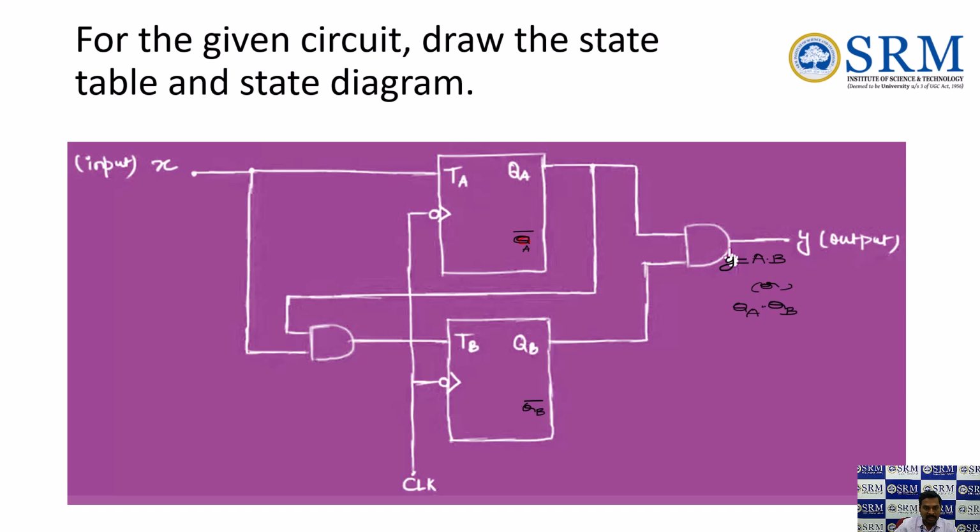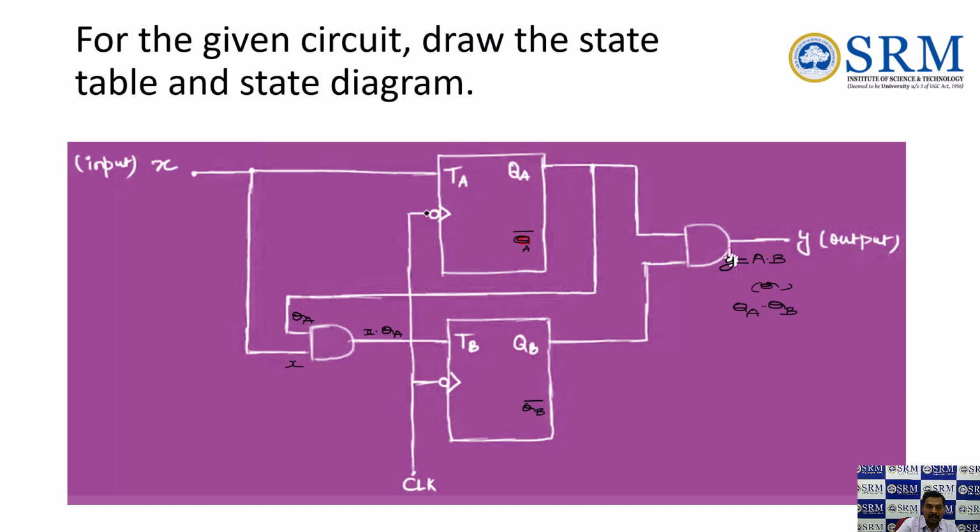One AND gate is connected. One input to the AND gate is A, that is QA. The other input is directly X. So for TB, you can write X into QA. That is the input to the second flip-flop.